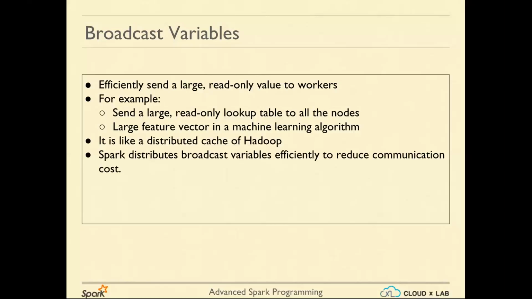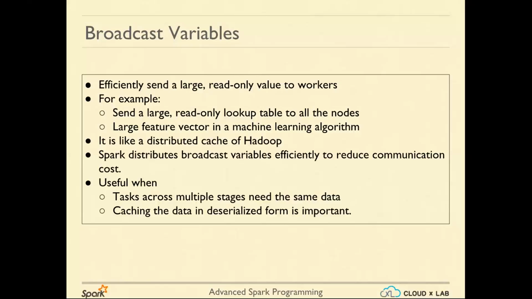It is like the distributed cache in Hadoop, and Spark distributes broadcast variables efficiently to reduce communication cost. It's useful when tasks across multiple stages need the same data. Caching the data in deserialized format is important.